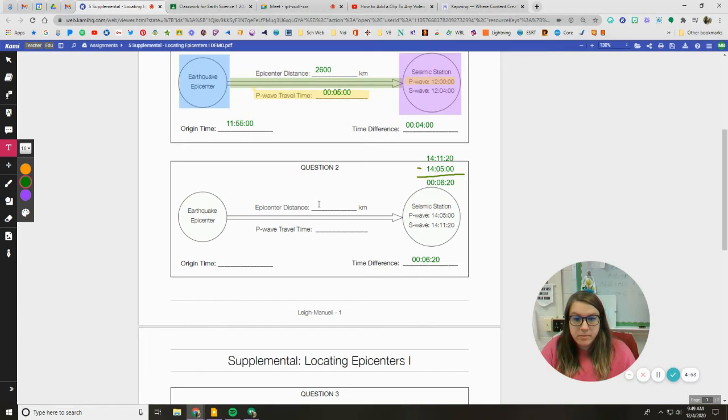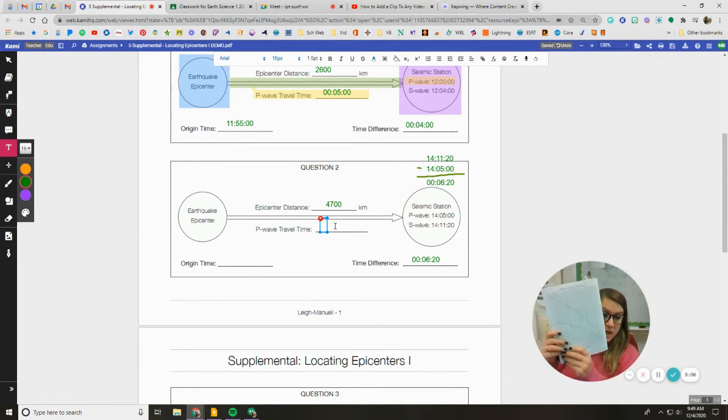So after using the paper method, I found that it was about 4,700 kilometers away, and the P wave travel time was 8 minutes. So 0, 0, 8 minutes.